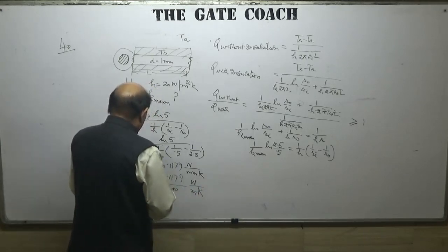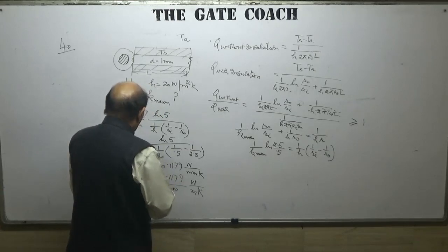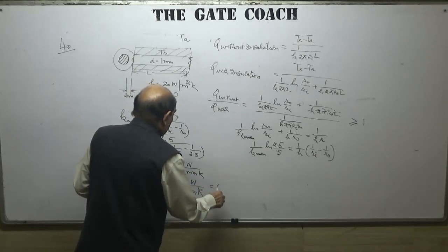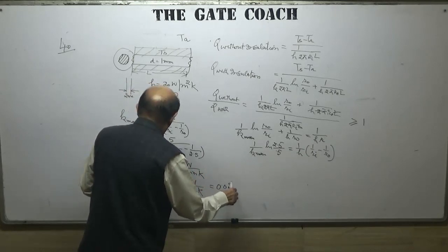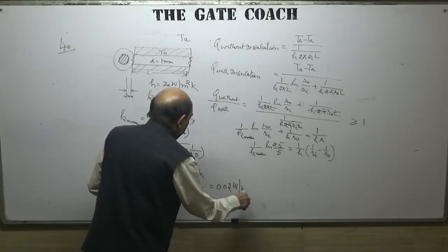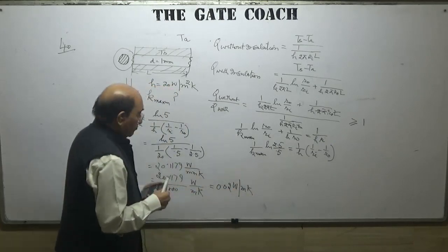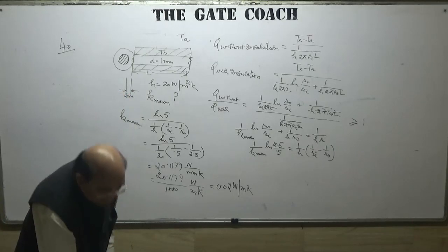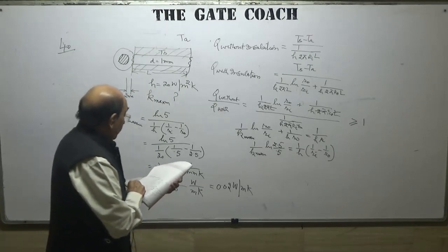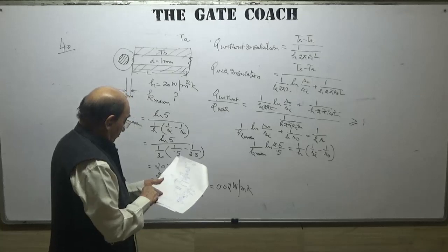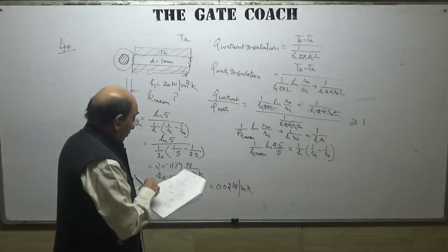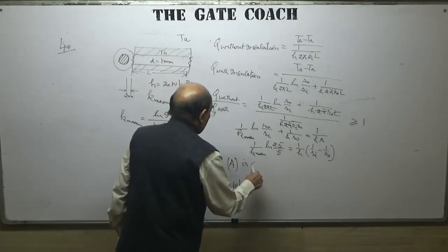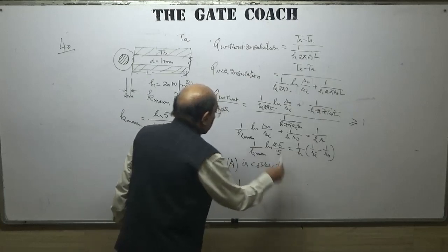And this should come out to be 0.02 watt per meter Kelvin. A number of options are available. 0.02 is option A. So A is correct.